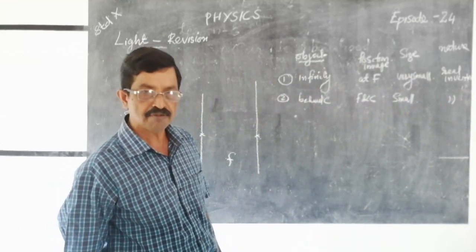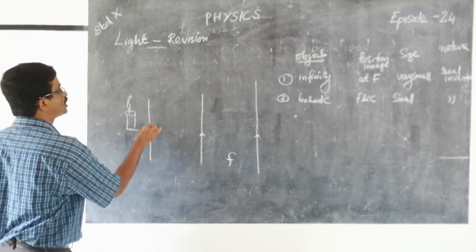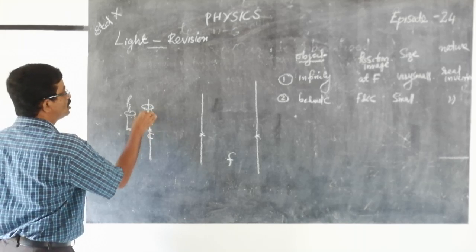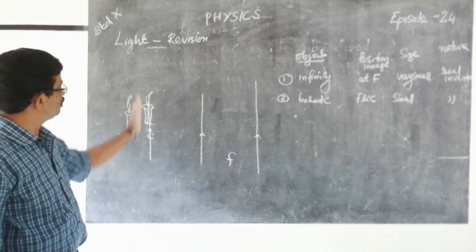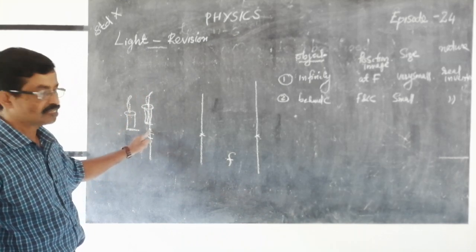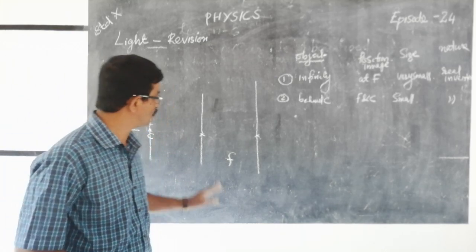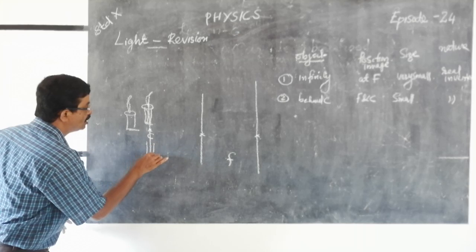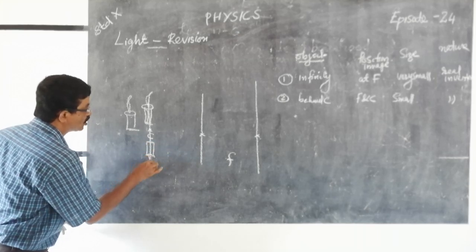Real and inverted. Now place the object at C. That is, here the lighted candle is on the line where we mark the C. Now again try to get the image of this one. Where do we get the image? We get the image at C itself. That means we get the image here.